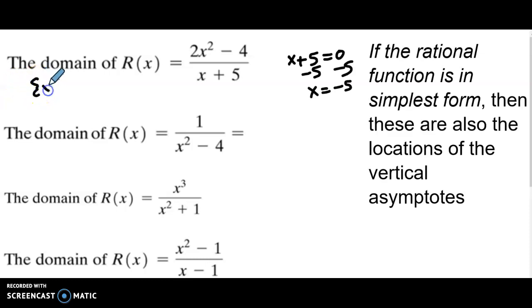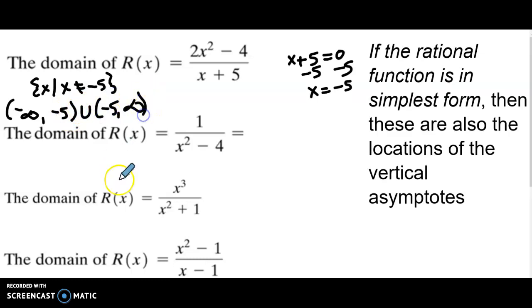We can write it different ways. We can write all x's such that x is not equal to -5. Okay, that's set builder notation. Or we can write -infinity to -5, parenthesis, meaning not including -5, in union with -5 to infinity.